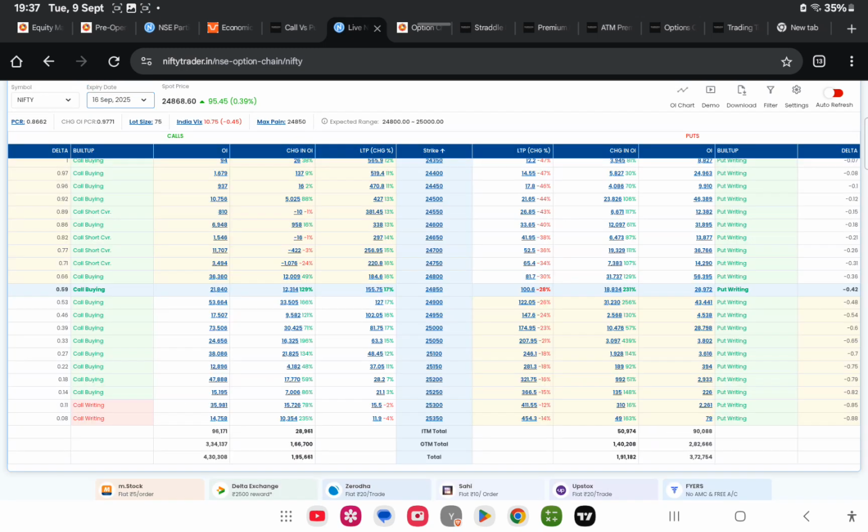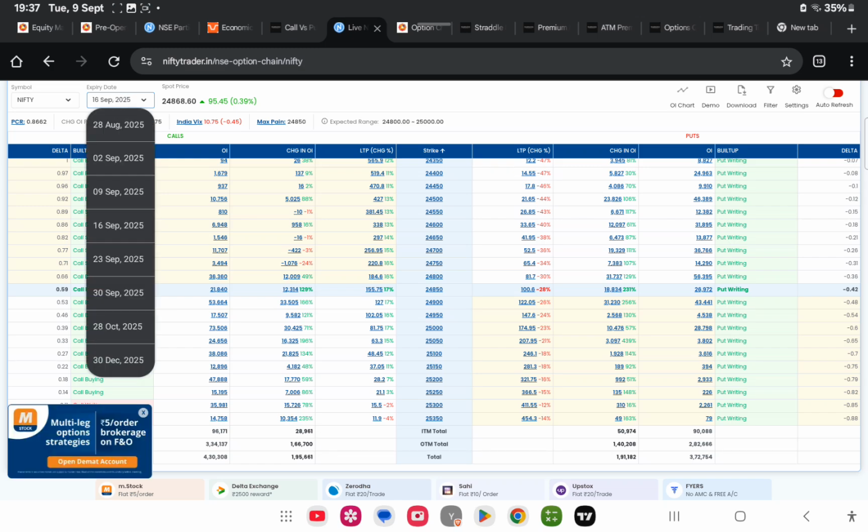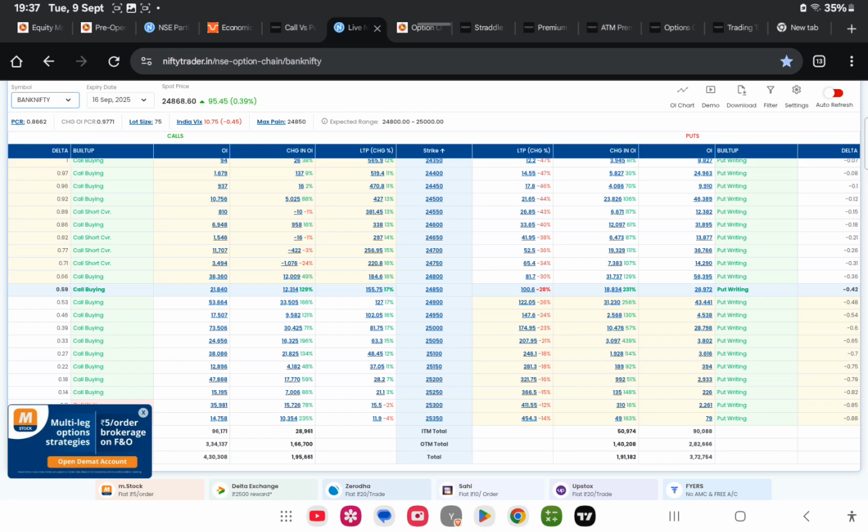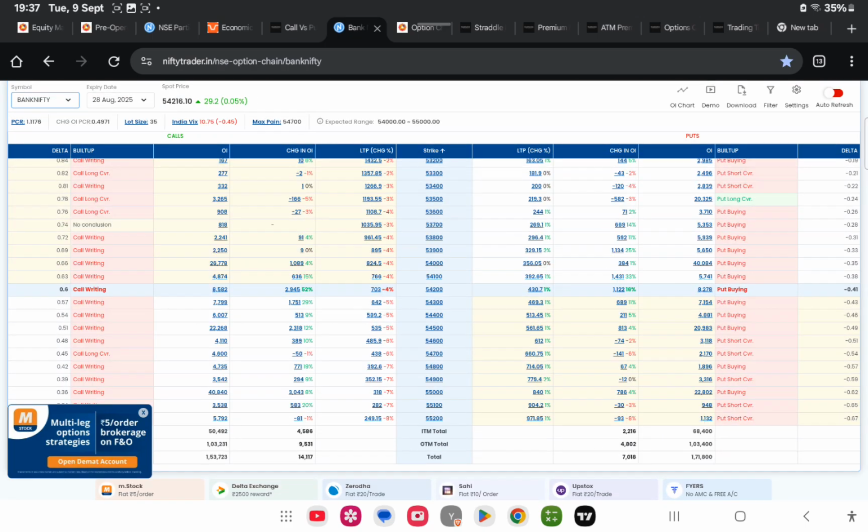We'll take up 16, so 3.3 and 2.8, which clearly shows that it is a sideways portion for Nifty. Let's take Bank Nifty. For Bank Nifty also we have to take the 30th expiry, so almost similar. As you could see, it is completely a seller's position for Bank Nifty also.